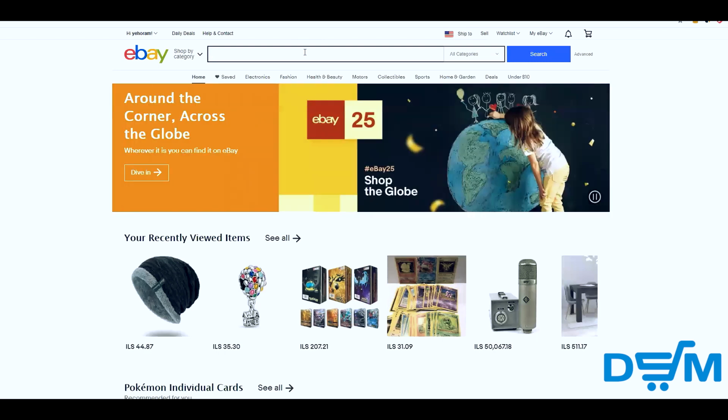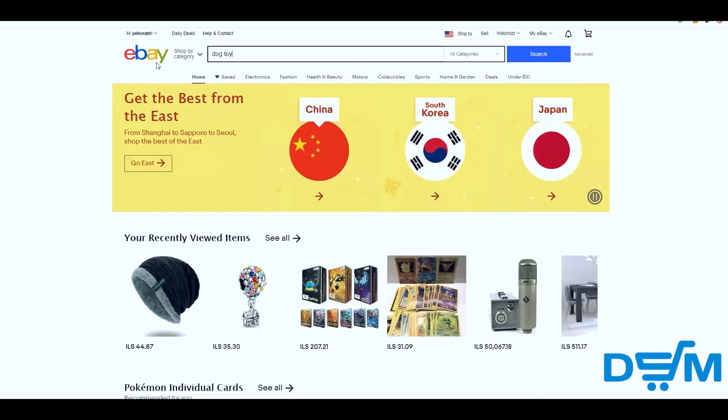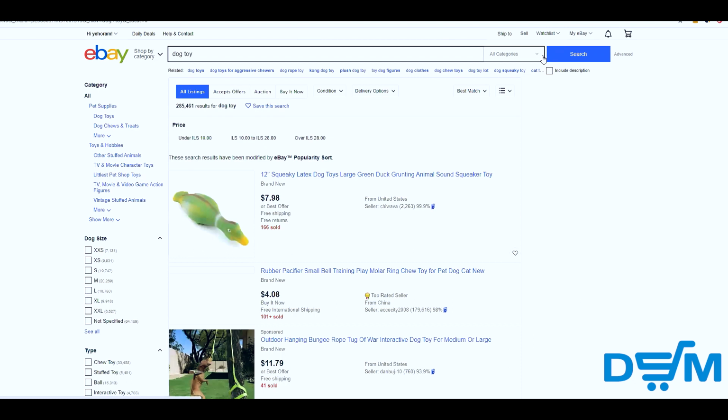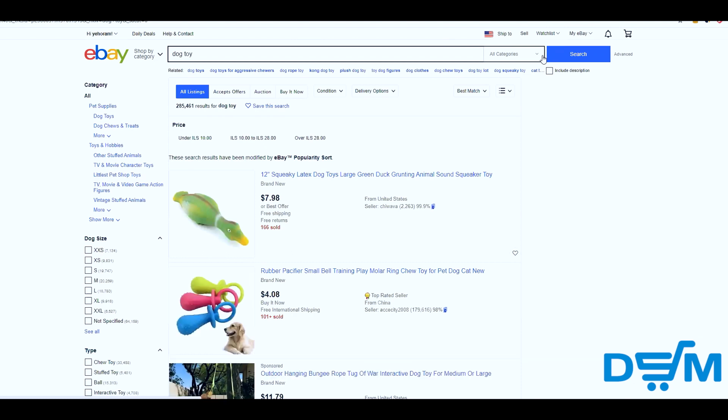Let me show you. When I'm looking for something on eBay, let me look for the keyword dog toy, and I search for that, you're going to see me getting search results. But what I want you to do in your imagination is to step out from me looking for something and duplicate me 100 times. 100 people doing that search every minute, or every second, or maybe 100 people a day.